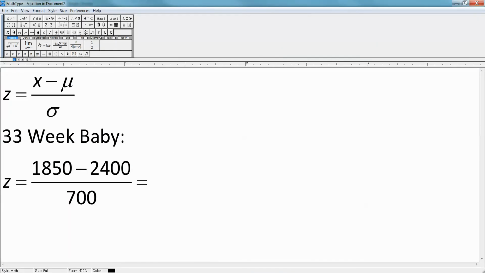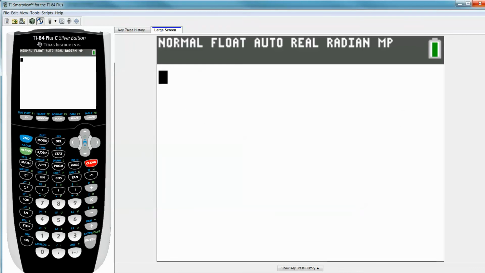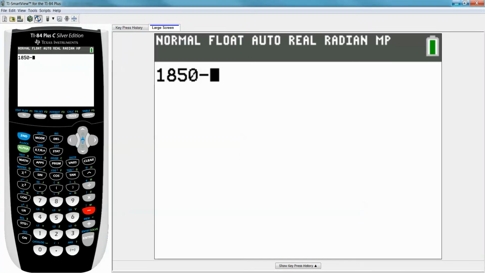Now, you want to be a little bit careful with your calculator or with Excel or whatever you're using. What you don't want to do is type 1,850 minus 2,400 divided by 700. Don't do this, but you can watch me do it and realize how much I'm messing up.